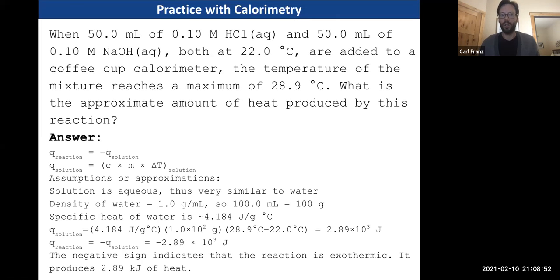If your Q is a negative value, that's going to be exothermic. If your enthalpy is a negative value, which we'll get into next, that is exothermic, right? Exothermic is negative. Endothermic is positive. Keep that in mind.